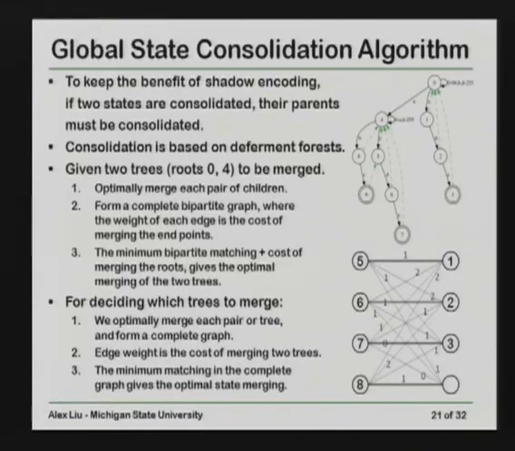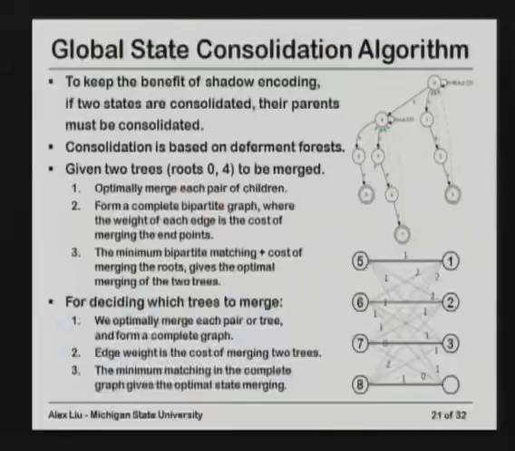Basically you're given 2 trees in the deferment forest. We first merge the root, and then for their children, we need to find the one-to-one mapping, right? Which state will consolidate with which state in the other tree. We do this in a brute force fashion. We build a bipartite graph. On the left side are all the children of this root, and on the right are all the children of the other root.